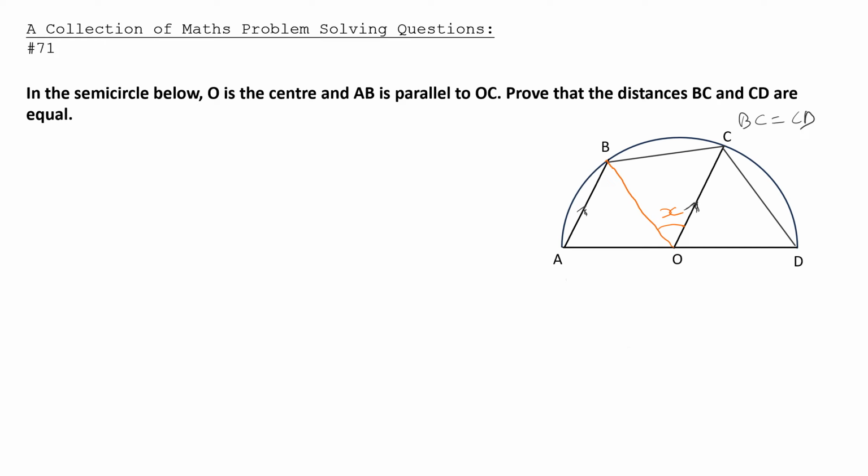So we say, let angle BOC equal X degrees. Then once BOC is X, we can say that angle ABO is also equal to X degrees.